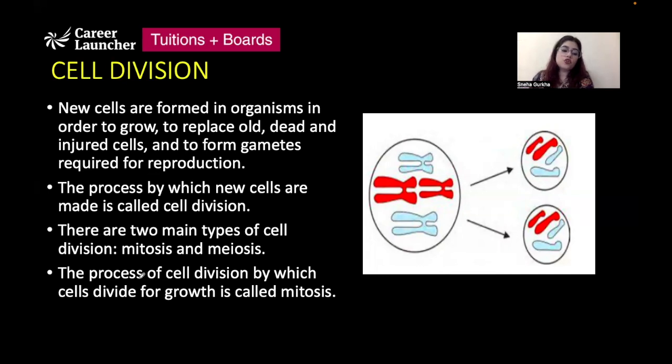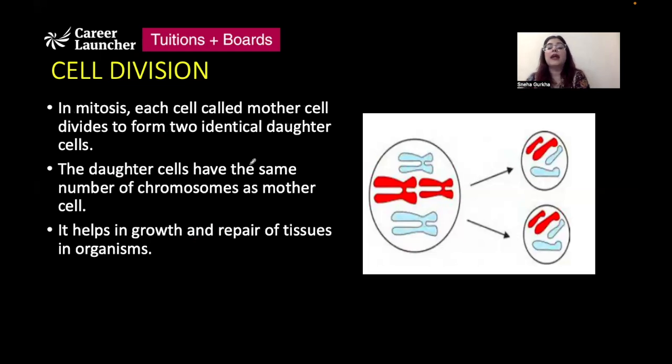And cell division is of two main types, mitosis and meiosis. The cell division we use for growth, to replace old and dead cells, to replace injured cells, for healing, that type of cell division is known as mitosis. In mitosis, each mother cell divides to form two identical daughter cells.